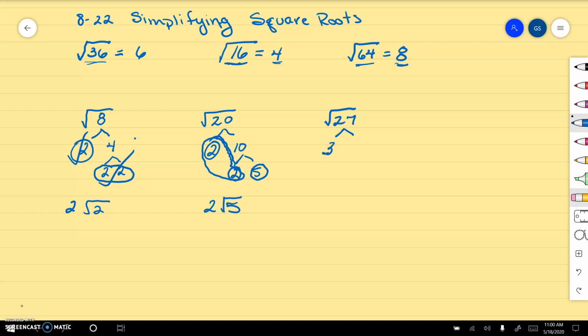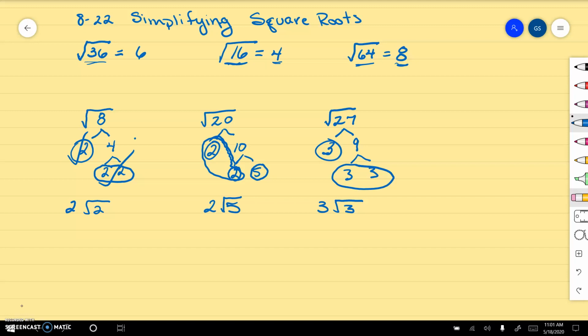Well, 3 times 9 is 27. And then I can break the 9 down because 3 times 3 equals 9. Look at this. We have a pair of 3's and a single 3. The pair of 3's goes outside as a 3, and the single 3 goes on the inside. All right, that's square root of 27.